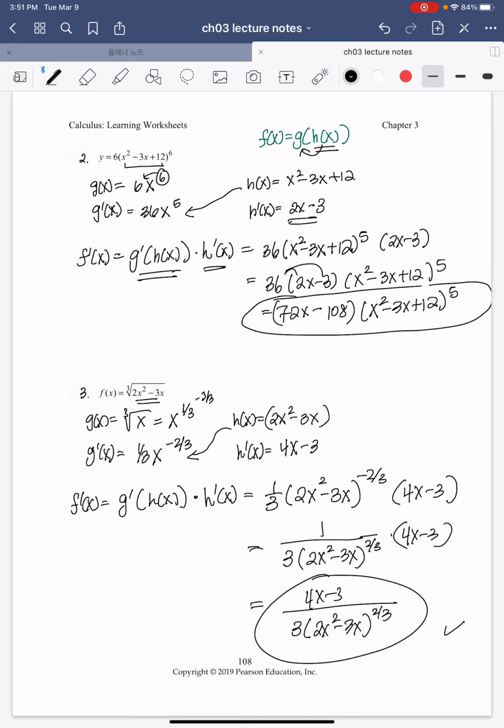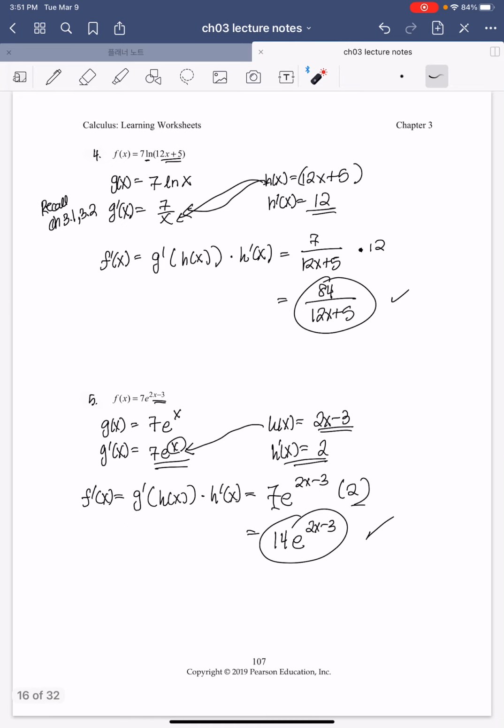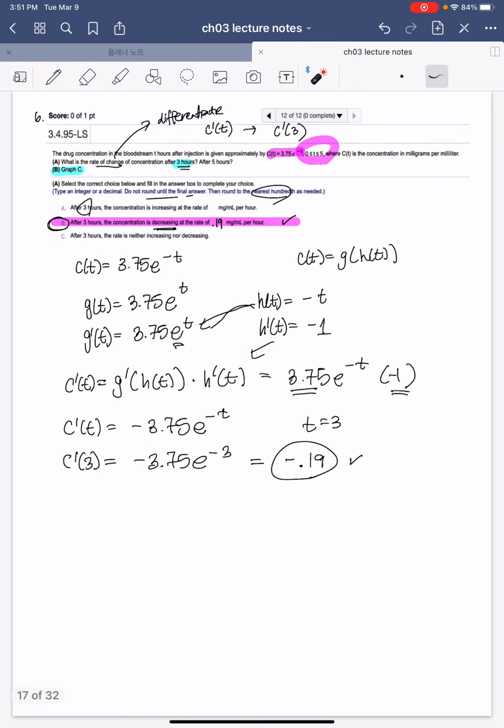Now, this format is called explicit because you have an equation solved for y and then you only have one variable. However, sometimes the equation might not have only one variable. So here's an example of explicit equation versus implicit equation.